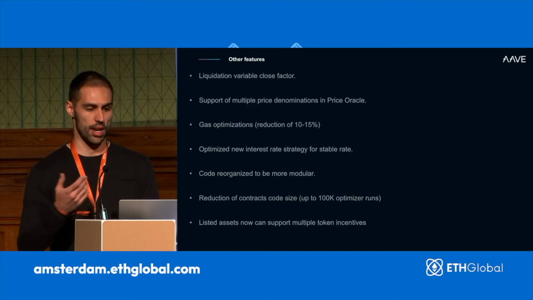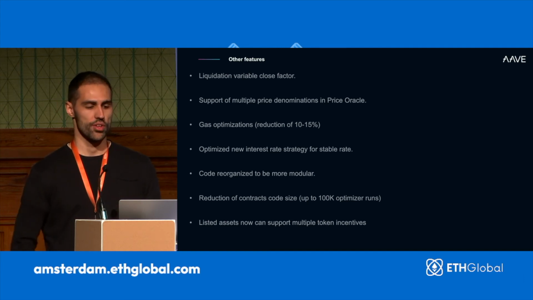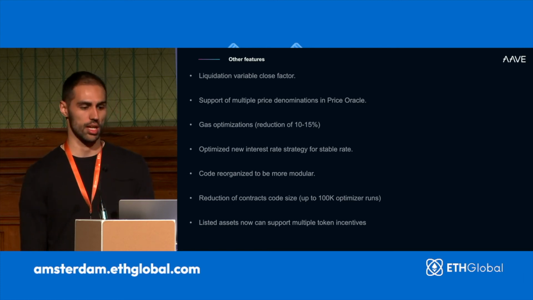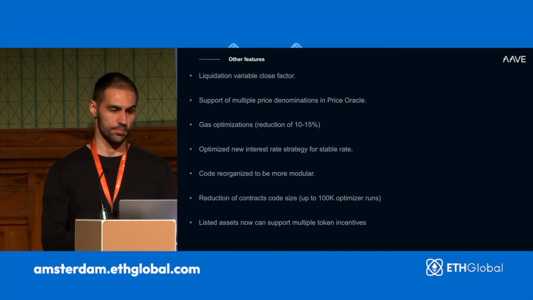And there are many more. But in general, the code was reorganized and also optimized, so there has been a reduction of 10 or 15% of gas consumption across the board, which is really nice.